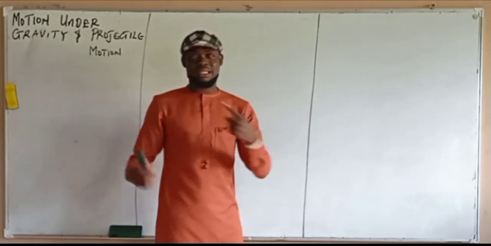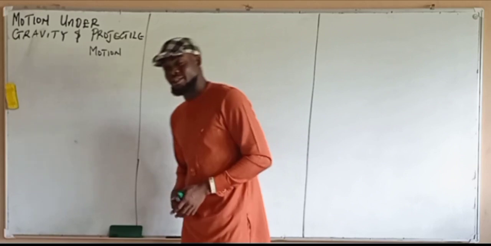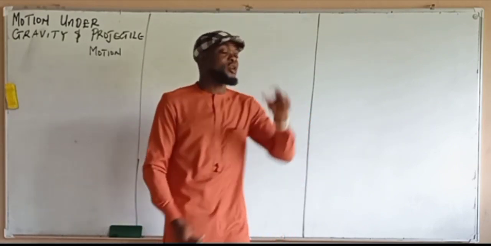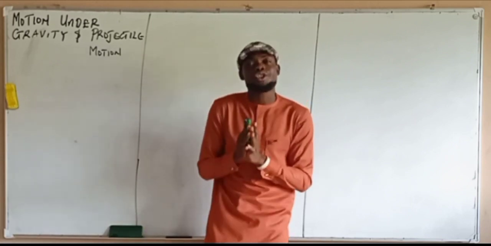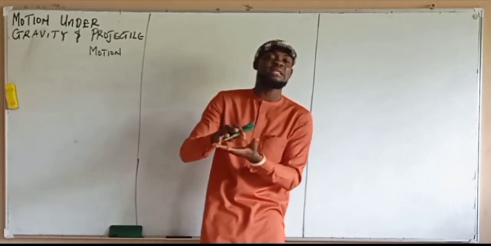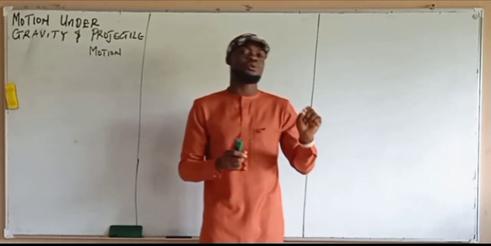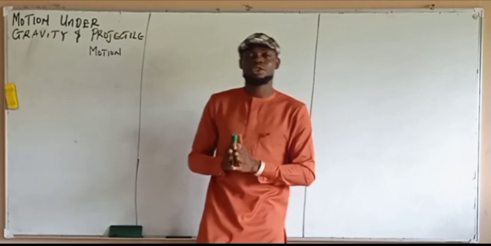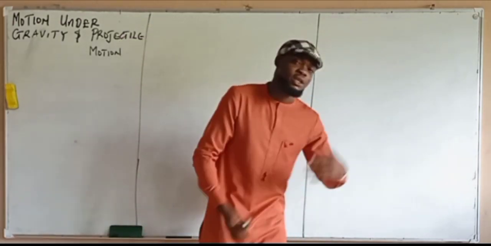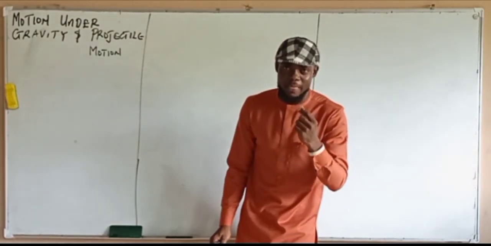So, let's look at this topic now. Motion under gravity. Now, what is a motion that is under gravity? A motion under gravity is a type of motion that is influenced or affected by the acceleration due to gravity. Any motion of a body that is affected by acceleration due to gravity is what we call a motion under gravity.